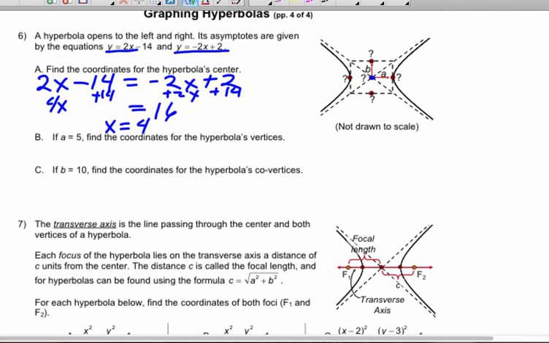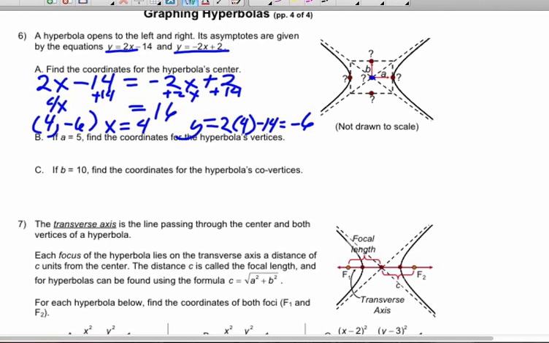And then to find my y coordinate, I just plug it back in. My y coordinate then will be equal to 2 times 4 minus 14, which is 8 minus 14, so that's going to give me a negative 6. So my center then is going to be at 4, negative 6. All right, now we want to find the vertices, which is x and y.